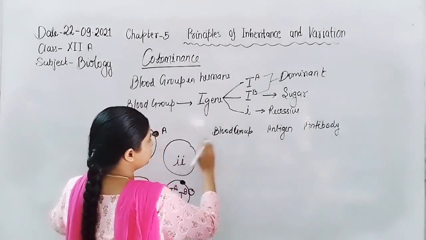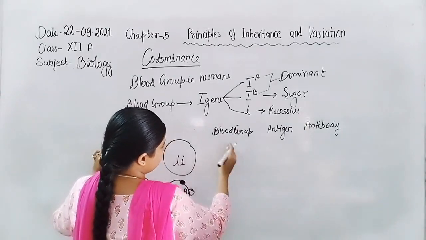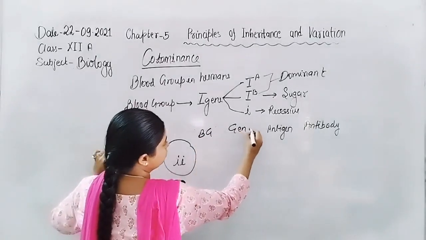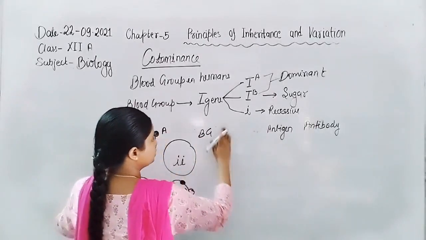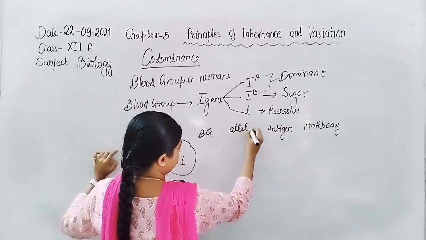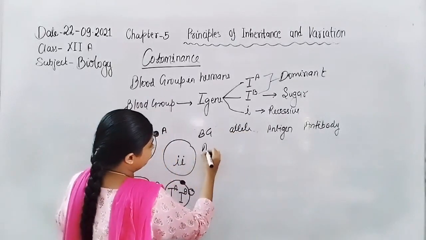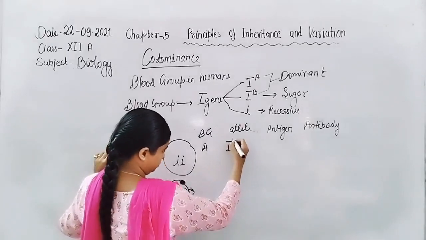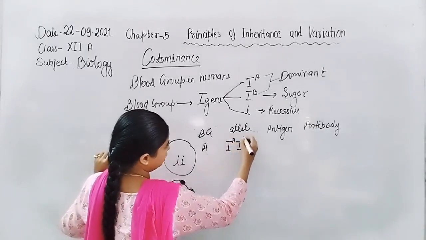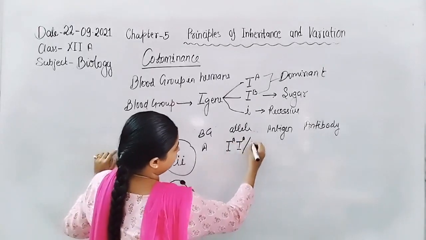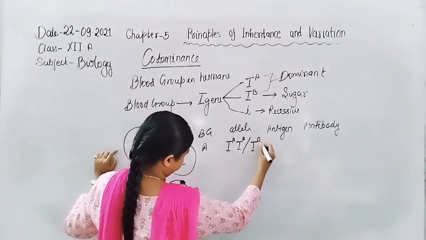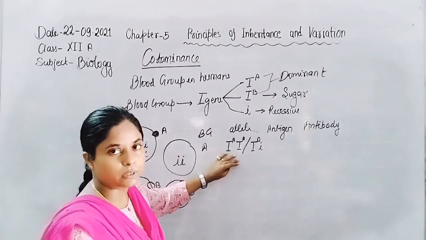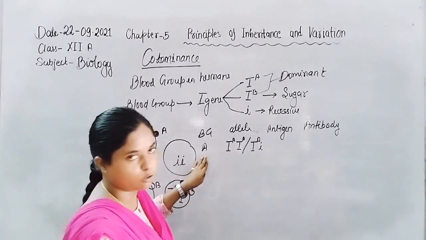If blood group A is present, the genotype is either I A I A or I A i. Either of them represents A type of blood group.